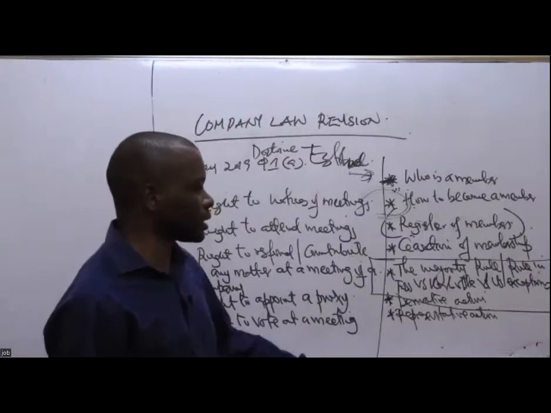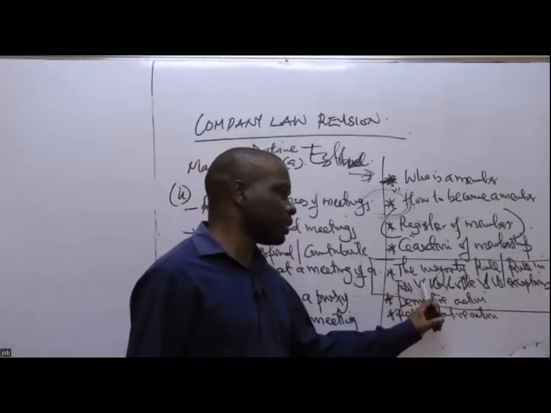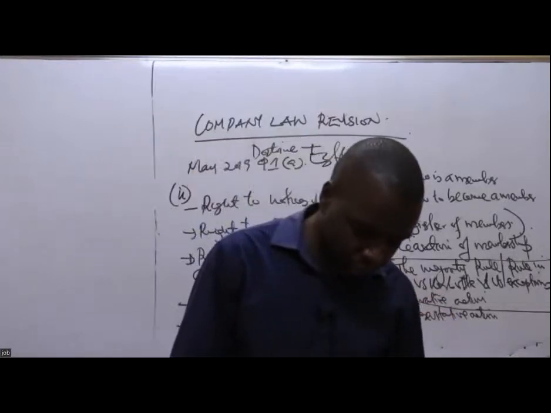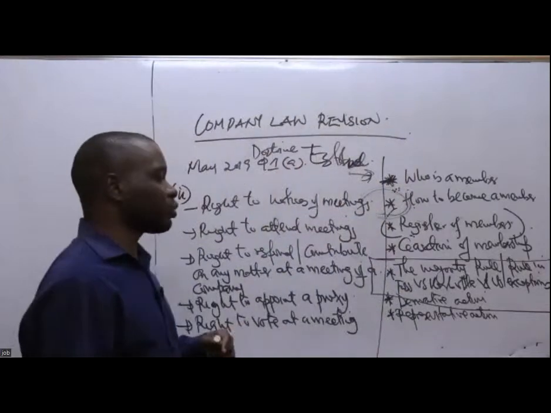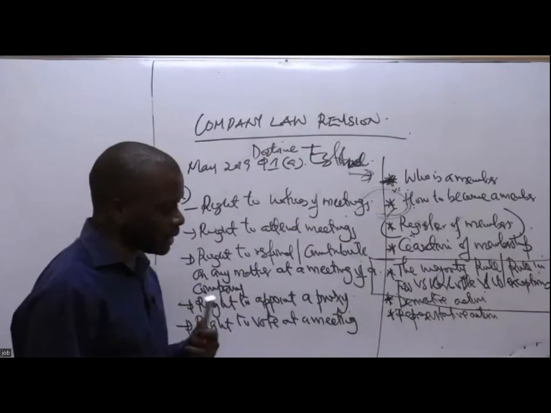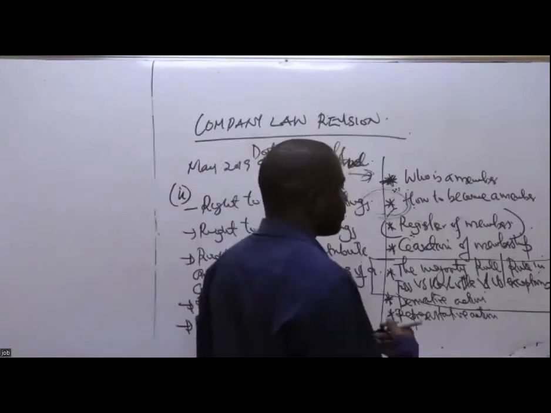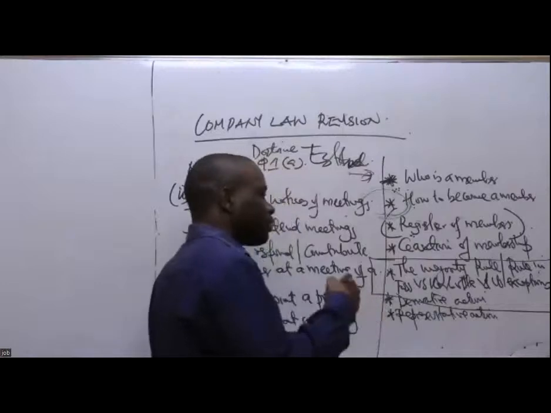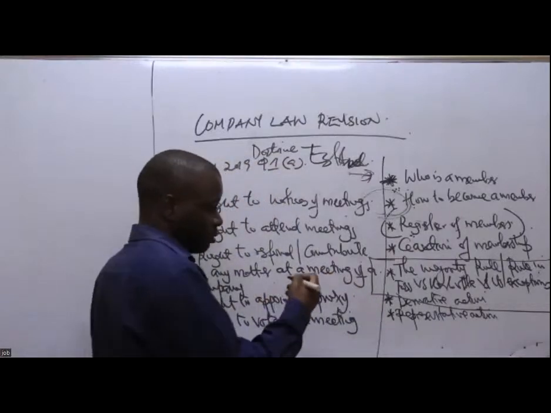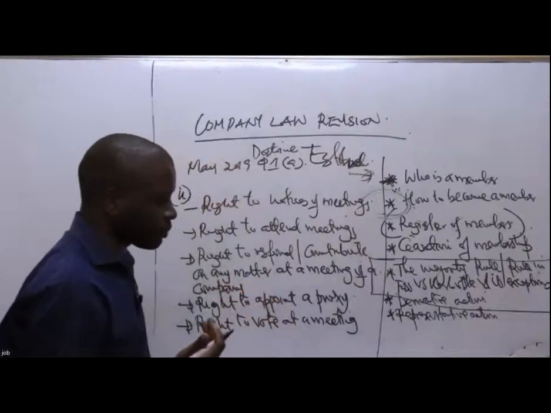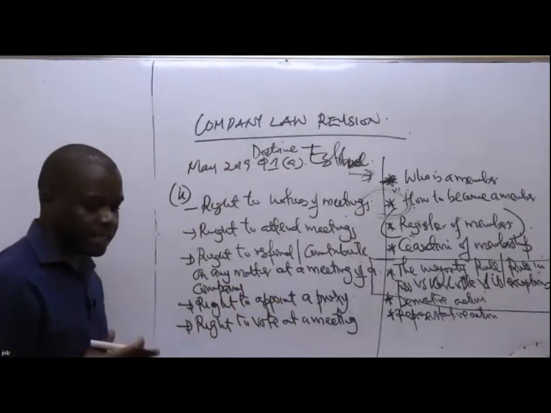So we are saying that this particular rule states that no person can bring an action on behalf of the company, but it is only the company itself, by acting upon a decision that has already been made by the majority of the members of the company. Just from the word itself, the majority will have their way, while the minority will have their say in a company.